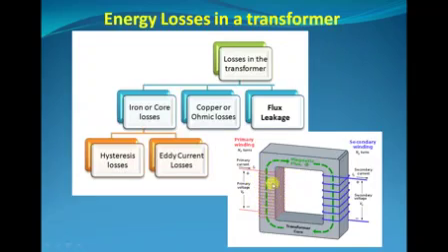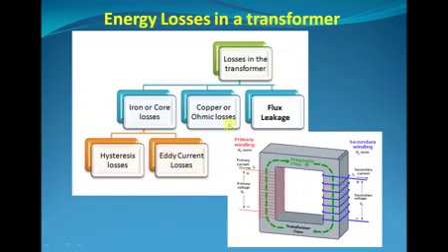At that time some amount of energy is lost in the form of heat, according to Joule's law of heating, I squared R. These losses occur due to electrical resistance. This should be minimized by using thick wire for the transformer windings.